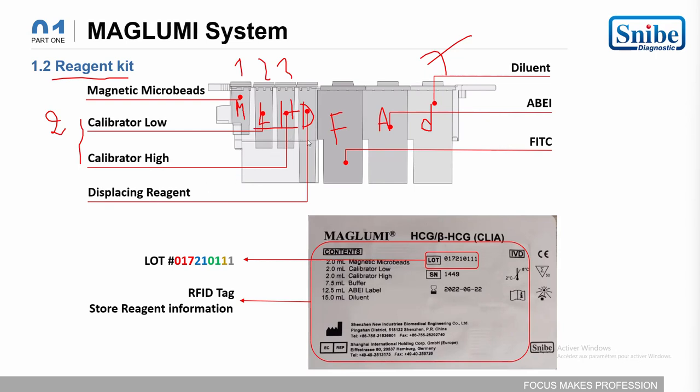The displacing reagent is used in some parameters where the molecule or the target material is covered. Normally the microbeads bind with the target material, and from the other side, the target material will link also with the ABEI.